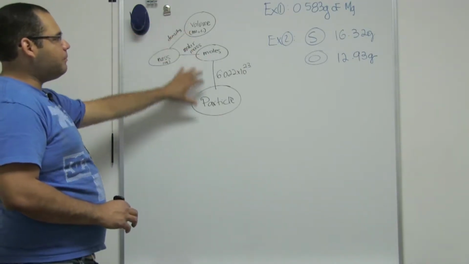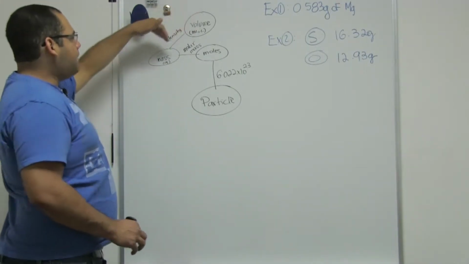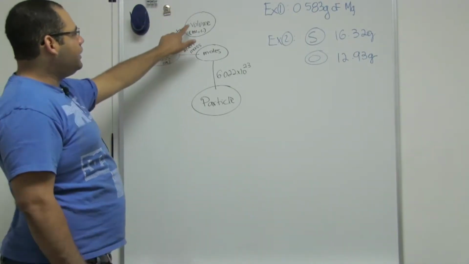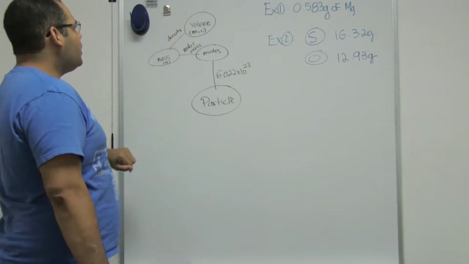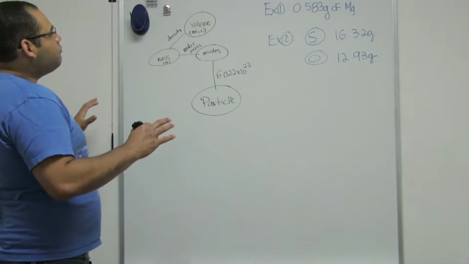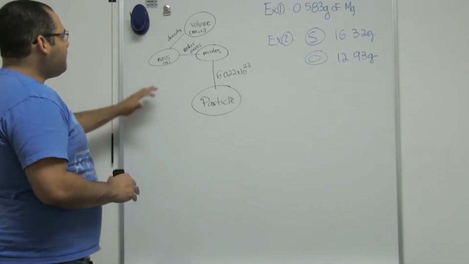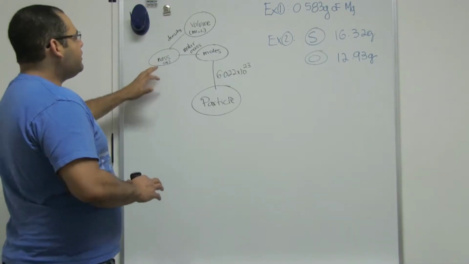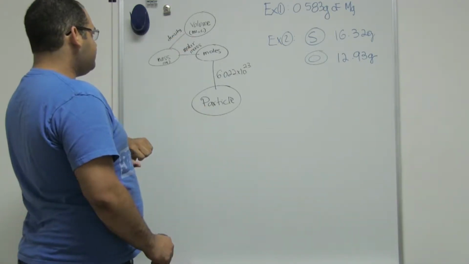I have part of my molar map here. So I have volume and mass. I know that volume and mass are related by density. So when I have volume involved in my calculation, I can figure out the mass of my specific element by using the density.